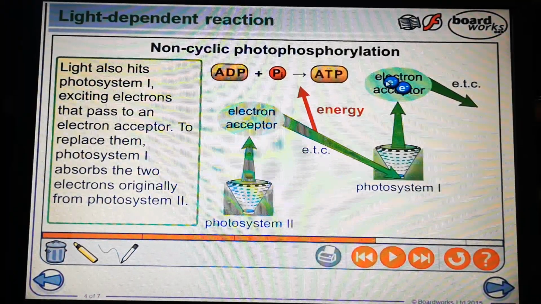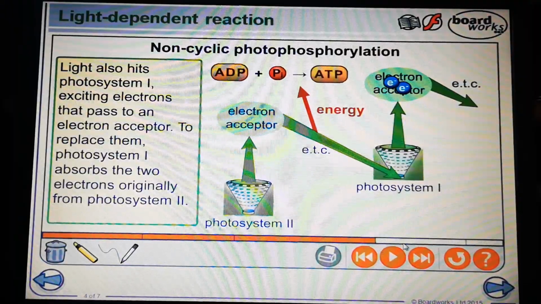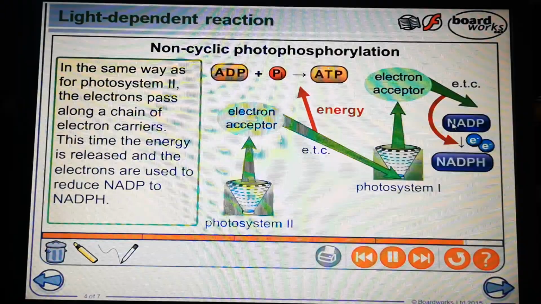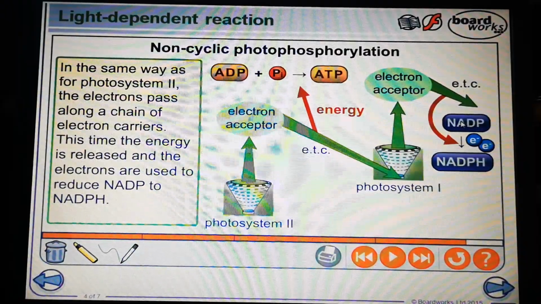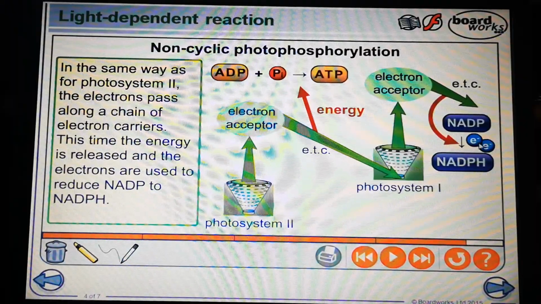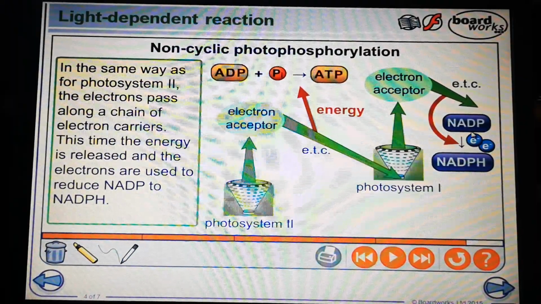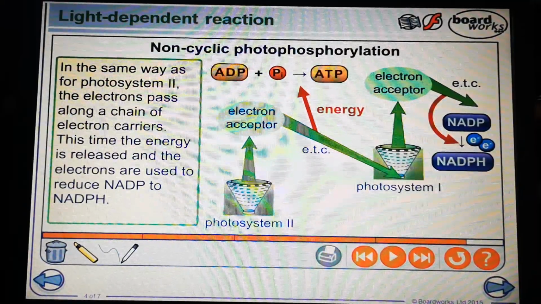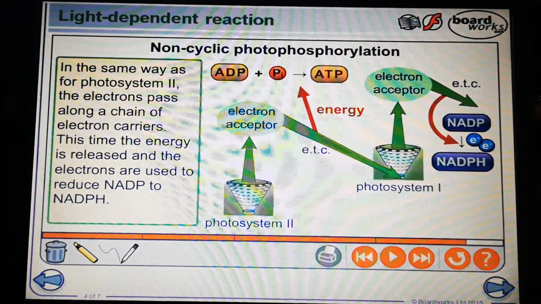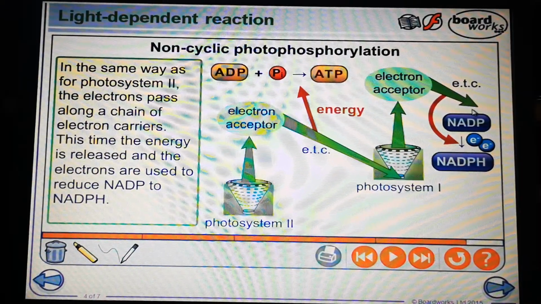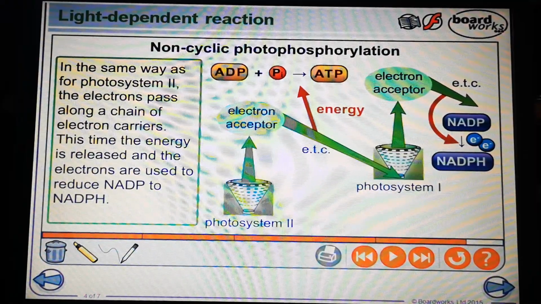Now these electrons here are then going to be passed on to a coenzyme, and that coenzyme is called NADP. So that molecule is going to pick up this pair of electrons. It's also going to pick up a pair of protons. We're going to have a look in a second where those protons are going to be coming from. So the NADP has picked up 2 electrons and 2 protons, and you should already know that if you combine an electron and a proton you have hydrogen.